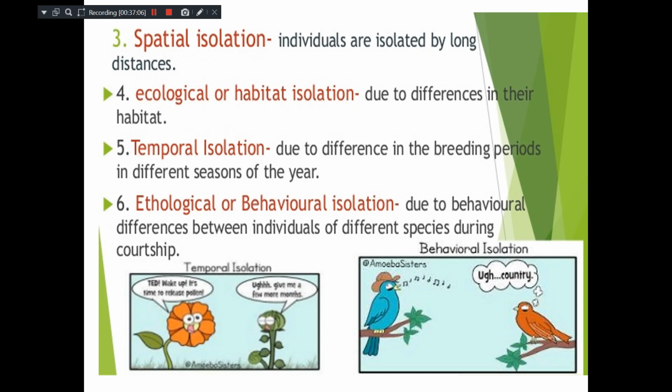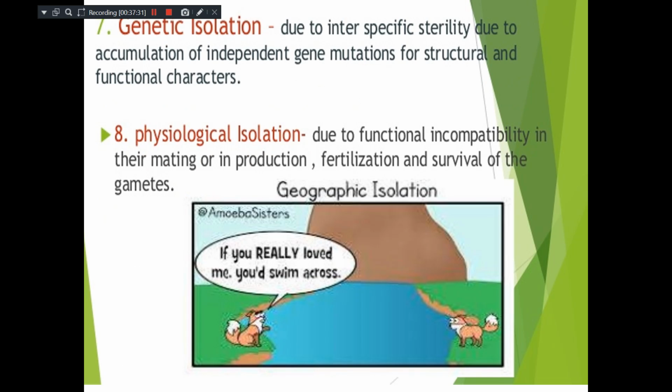To put it in one word, it's love-making behavior. The act prior to, during, and after mating is what we call courtship. In ethology, we study this. So this behavioral difference may be there between two individuals of different species. That's why they never come together.